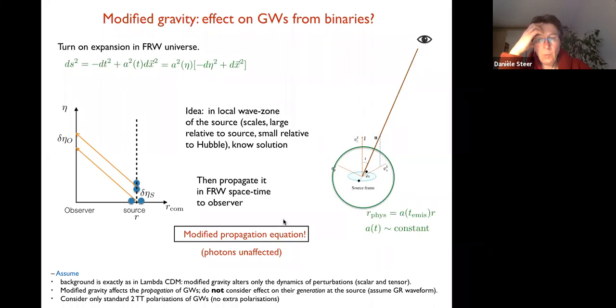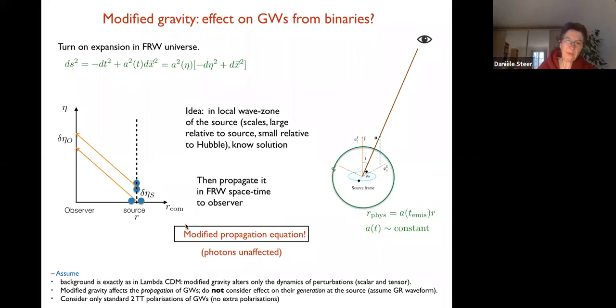And you can do the same procedure in modified gravity, but the difference will happen not at the local level, well, it could happen locally, but let's assume that general relativity is true close to the source, so that the expressions we had for H plus and H cross are true close to the source. What will change, generally, is the propagation of your solution from the source to the observer.